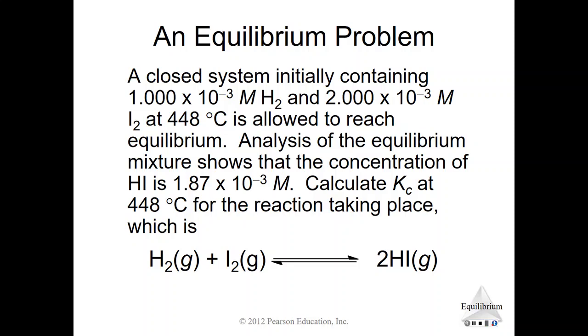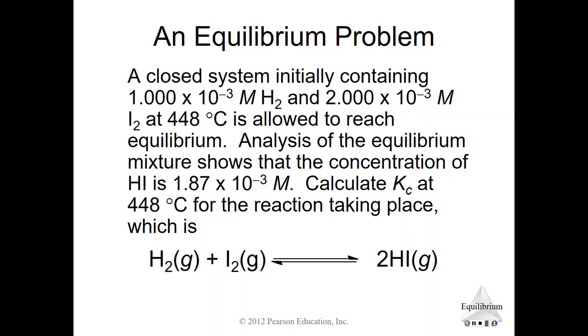All right, here's an example. A closed system initially containing 1.00 times 10 to the minus 3 molar hydrogen gas and 2.00 times 10 to the minus 3 molar iodine gas at 448 Celsius is allowed to reach equilibrium. Analysis of the equilibrium mixture shows that the concentration of HI is 1.87 times 10 to the minus 3 molar.